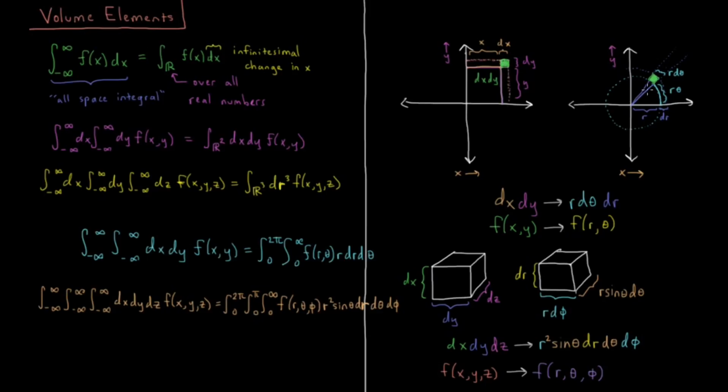Now let's go to polar in terms of r and theta. Now let's imagine we have some tiny change in r, dr. That's a distance again, so it's fine. So that works the same. But now let's imagine this tiny change in theta here. On our surface here, this theta isn't a distance, theta is an angle. So this little arc on our circle here is not d theta, it's r d theta, because it scales with the distance that we go out.